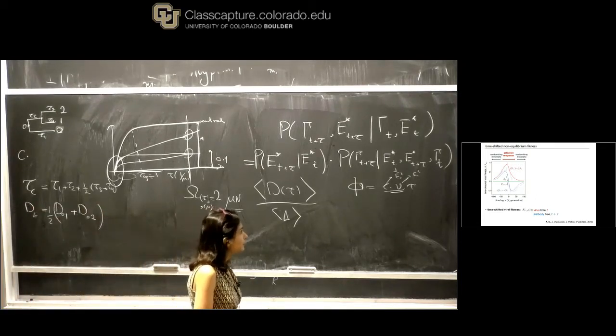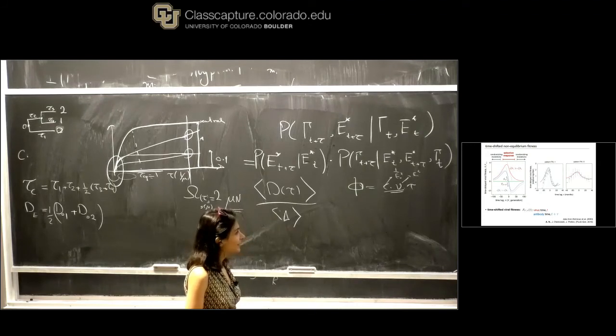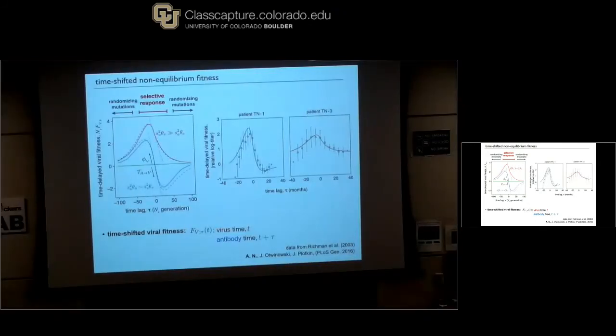All right. So you can now look at data in HIV patients, right? These are 2 HIV patients for whom you measure the viral fitness against the plasma of these patients across different time points. And this is basically what we have managed to characterize.